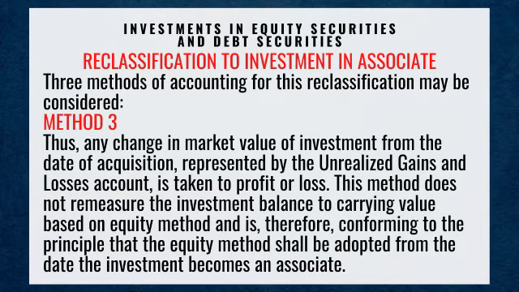Thus, any change in market value of the investment from the date of acquisition, represented by the unrealized gains and losses account, is taken to profit or loss. This method does not remeasure the investment balance to carrying value based on equity method and is therefore conforming to the principle that the equity method shall be adopted from the date the investment becomes an associate.